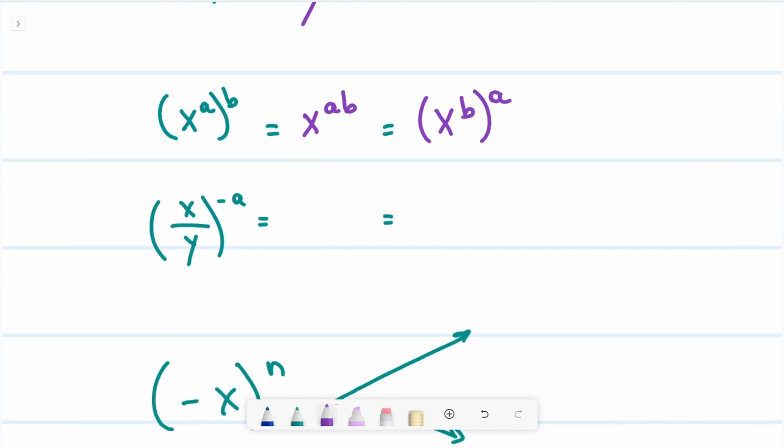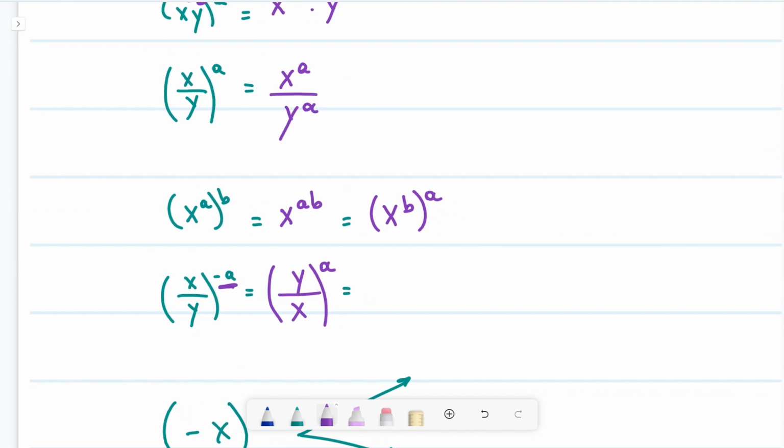Now what if we have a negative in the exponent? What we do is we flip the fraction, the denominator becomes the numerator and the numerator becomes the denominator, all of that to the power of a. We did something similar in a previous property. This becomes y to the power of a divided by x to the power of a.